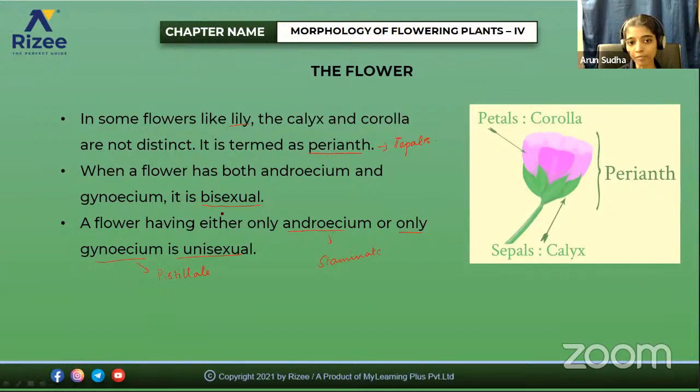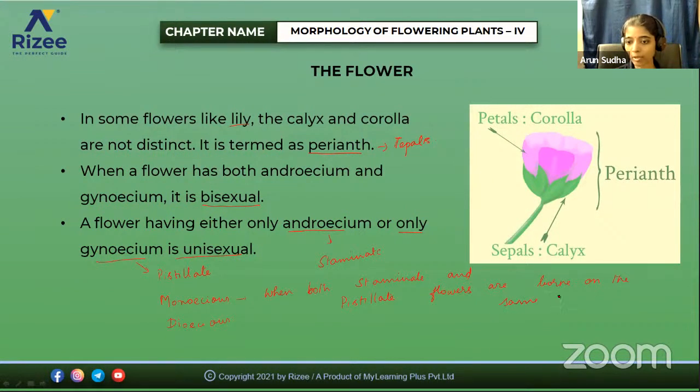So here you should not confuse this with the terms monoecious and dioecious. So what do you mean by monoecious and dioecious? Monoecious is when both staminate and pistillate flowers are borne on the same plant.